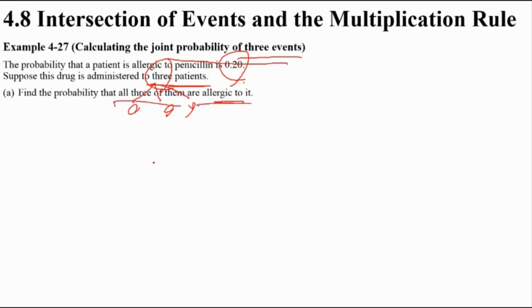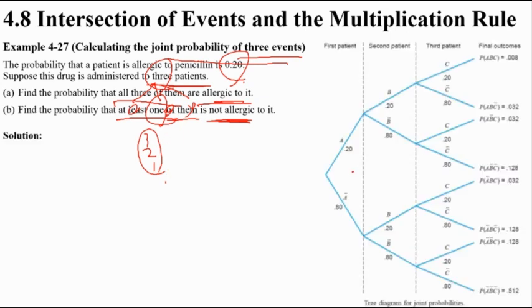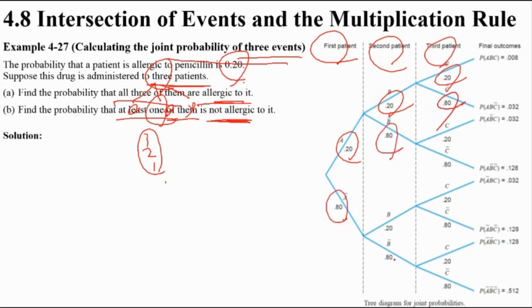The second question: at least one is not allergic. At least one could be 3, 2, or 1 not allergic, except 0. Let's diagram it: 3 patients totally different, 20%, 20%, 20% allergic, and 80%, 80%, 80% not allergic.